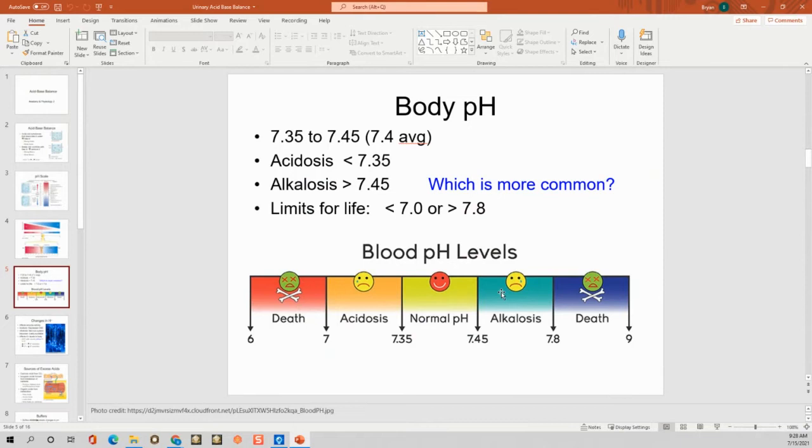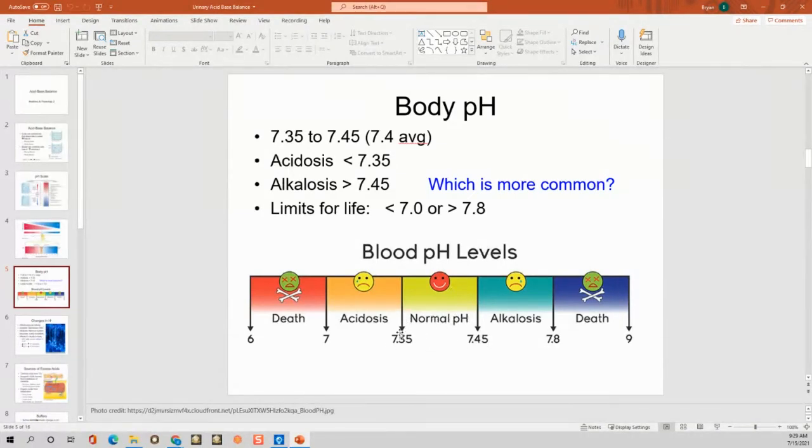Yeah, we're fighting against acids all the time. What is the primary molecule in the body that's getting turned into acid? What are we constantly fighting against? CO2. Cool.